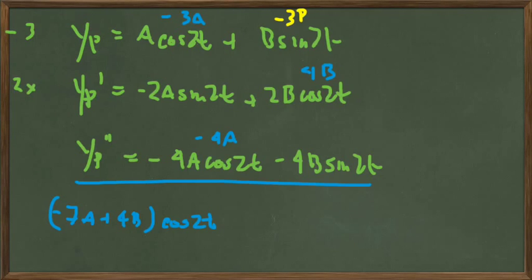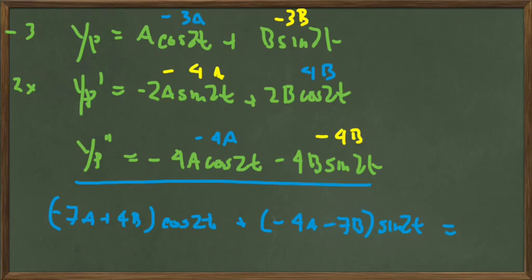Minus 3b, minus 4a and minus 4b, and so that would be what? Minus 7b and minus 4a, so minus 4a minus 7b sine of 2t, and the right-hand side was sine of 2t.